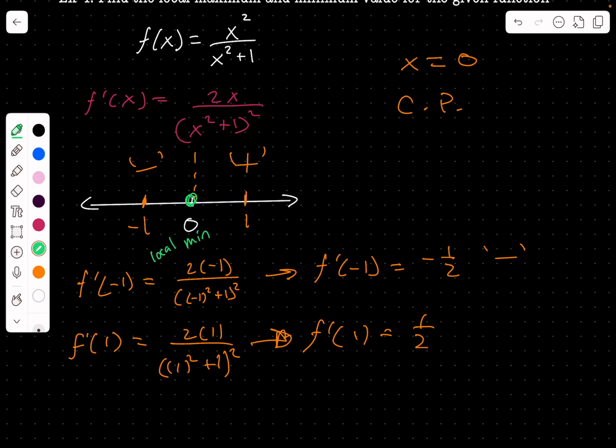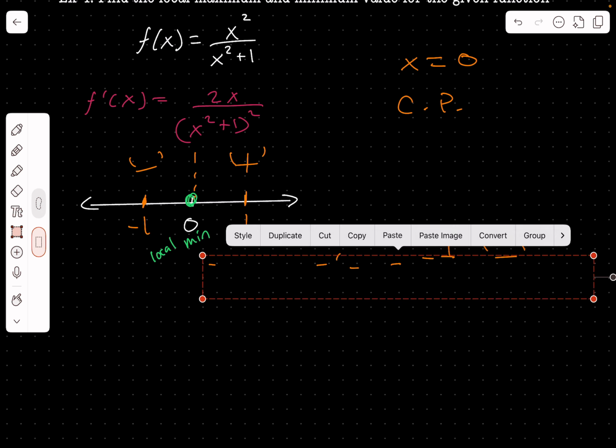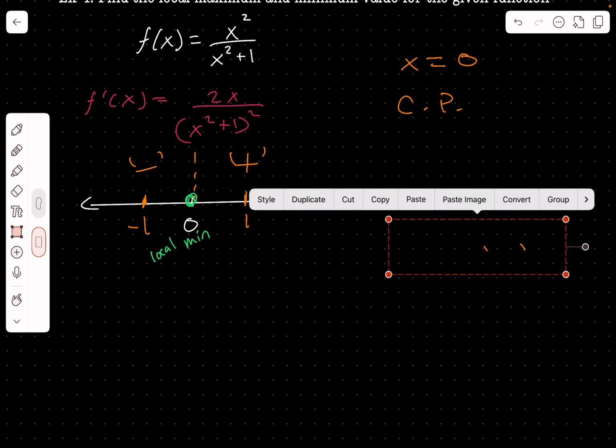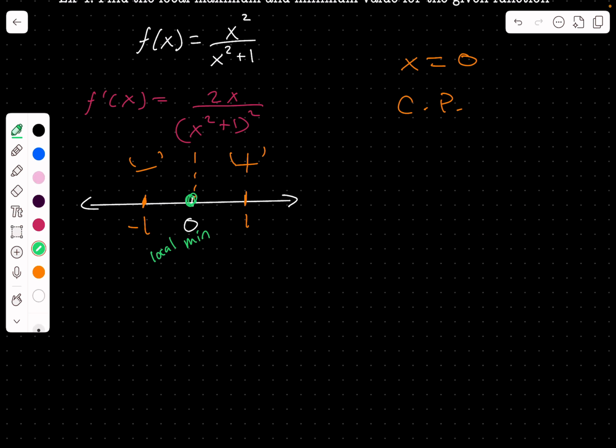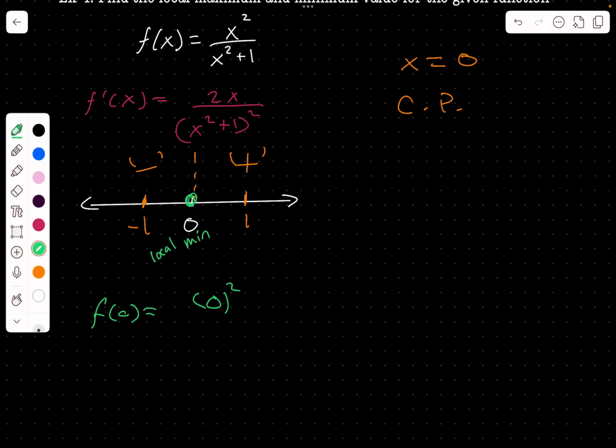To find our coordinate, we must plug in 0 to our original function. I'm going to clean this up so we can do that. Okay, this is going to be really easy. f of 0 equals 0 squared over 0 squared plus 1.